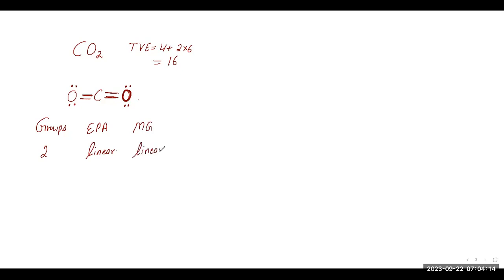Any distortion by lone pair on the central carbon? Is this molecule symmetrical? Molecule is symmetrical, not distorted. So it's a symmetrical linear. What's the net dipole moment for this molecule? 0. So the molecule is polar or non-polar? Non-polar.